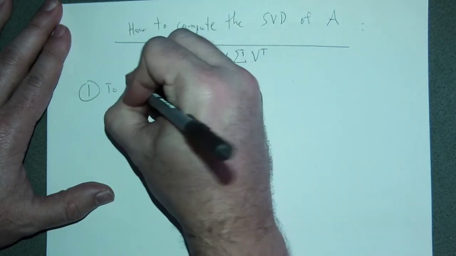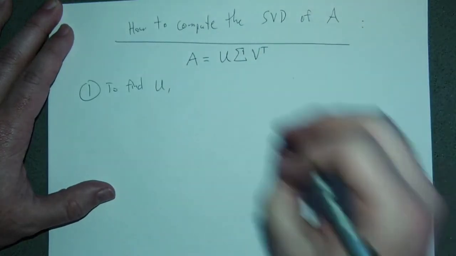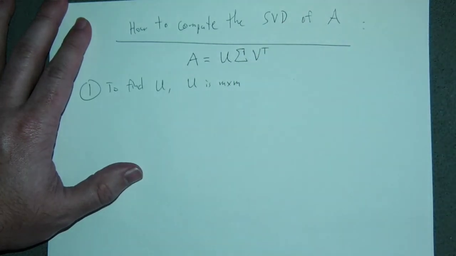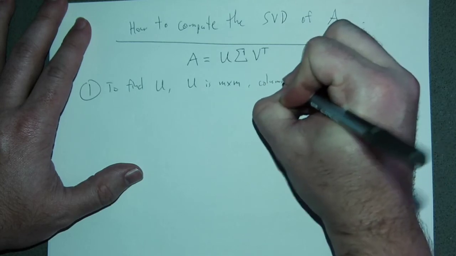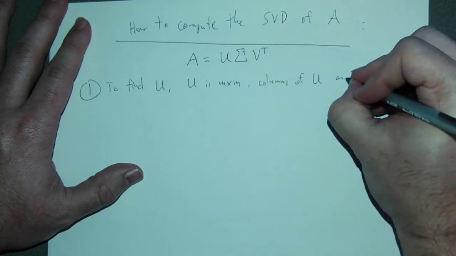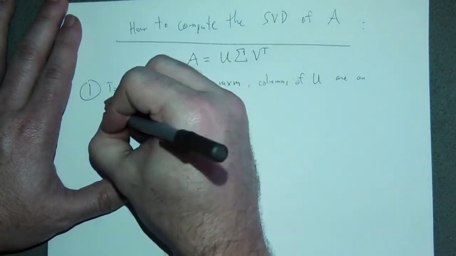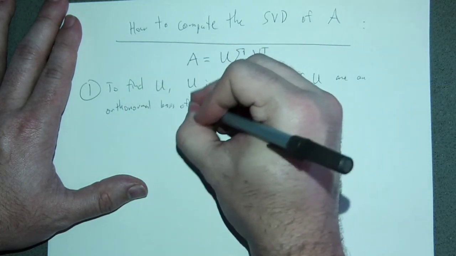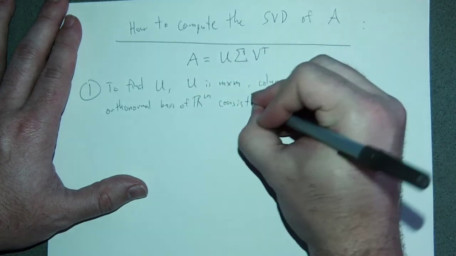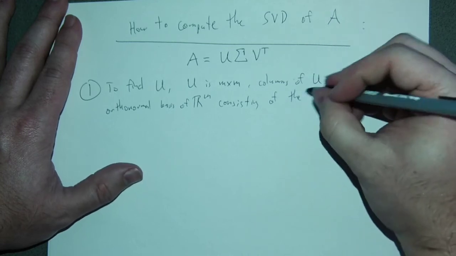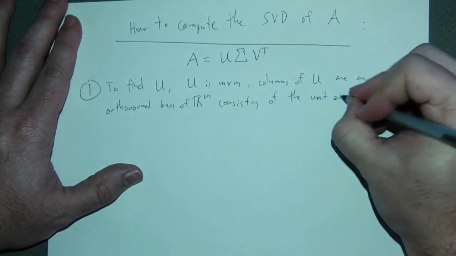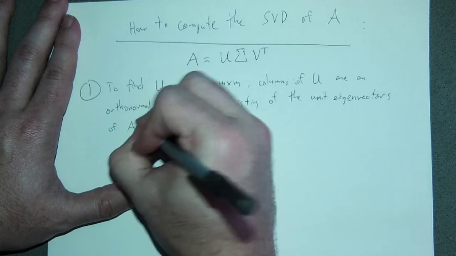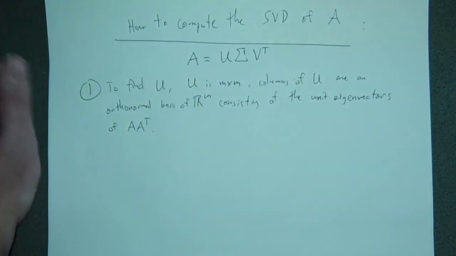To find U, first of all, U is m by m, and the columns of U are an orthonormal basis of R^m consisting of the unit eigenvectors of A A transpose.